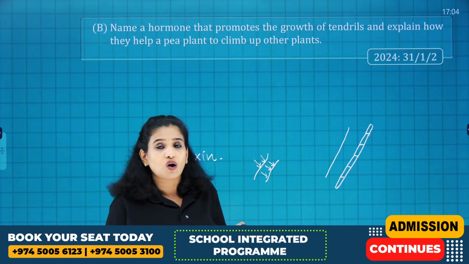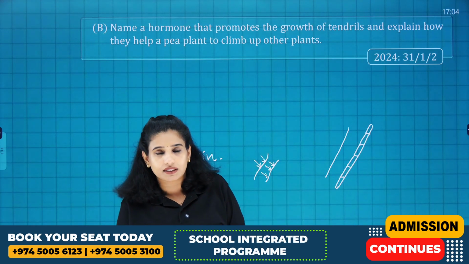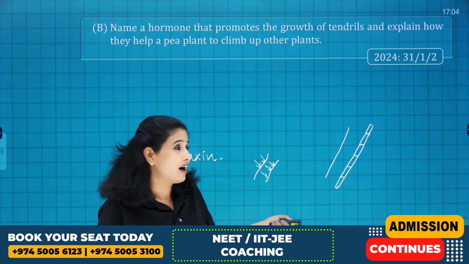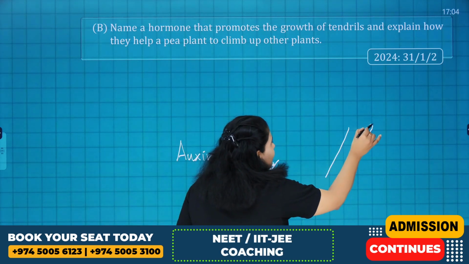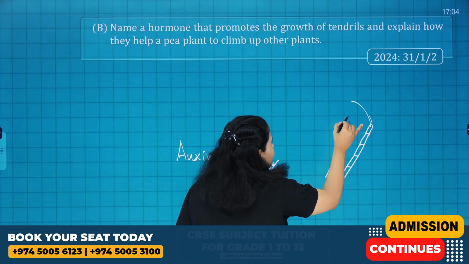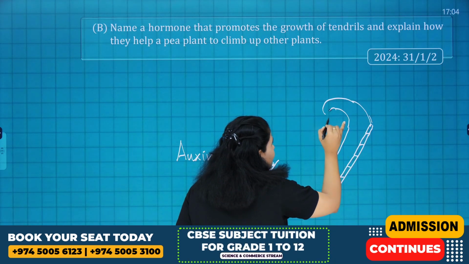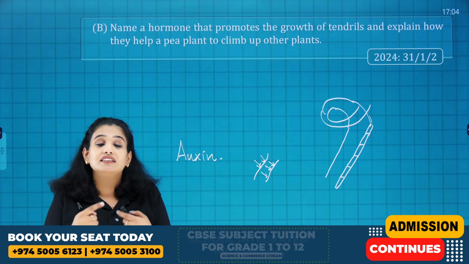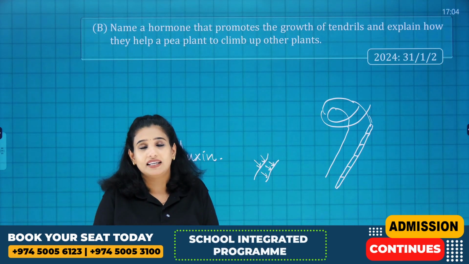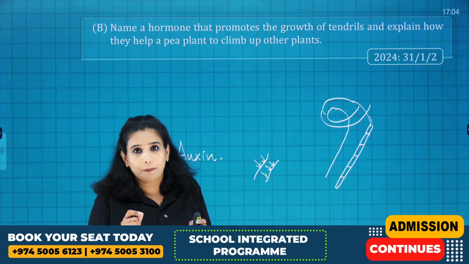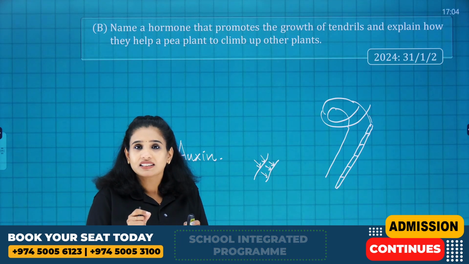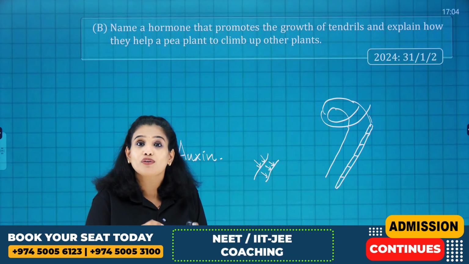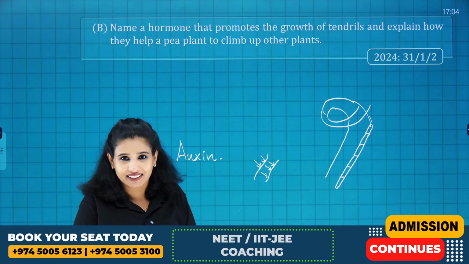When the cells elongate in the opposite part, the tendril will climb and form a curl and climb on the other plant. This is what happens when it touches a support. This is because of the presence of the hormone called auxin.